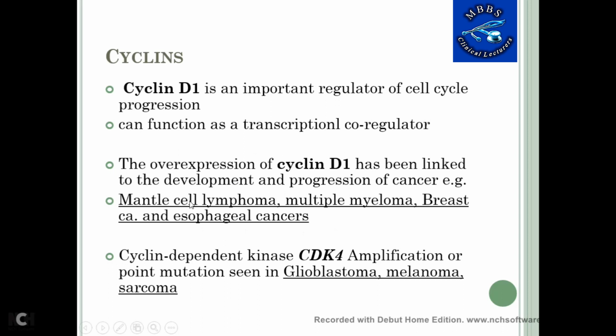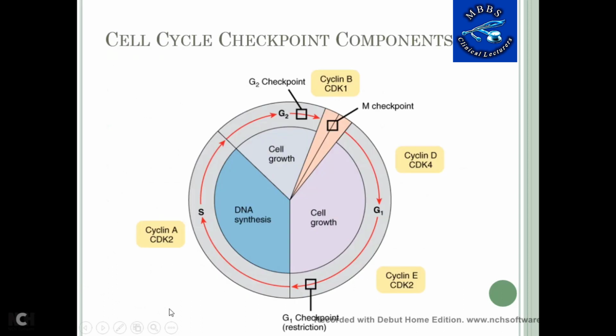And this kind of overexpression of cyclin D1 is seen in mantle cell lymphoma, multiple myeloma, breast CA, or esophageal cancer. Another cyclin-dependent kinase is CDK4, and amplification or mutation is seen in glioblastoma, which is a brain tumor, melanoma, a skin tumor, and sarcoma, a soft tissue tumor.